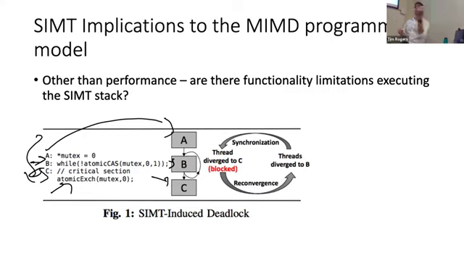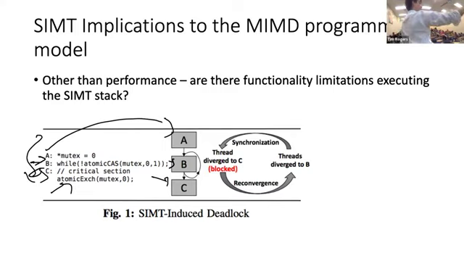But based on what you know about loops and the SIMT stack, what's going to happen when one thread wants to exit the loop and 31 of them want to keep doing the loop? It's going to try and prioritize the threads going on that backward edge instead, which means that because it wants to reconverge, when they get to the bottom, it assumes that they're going to be able to eventually reach this reconvergence point.